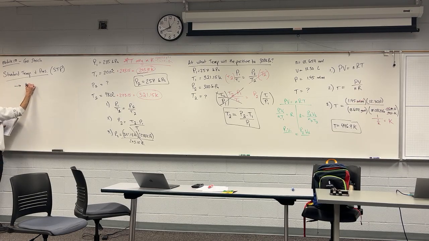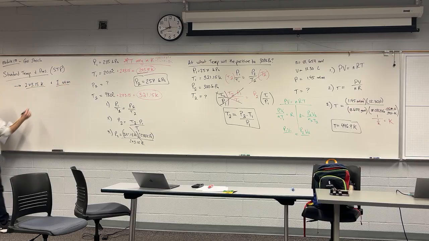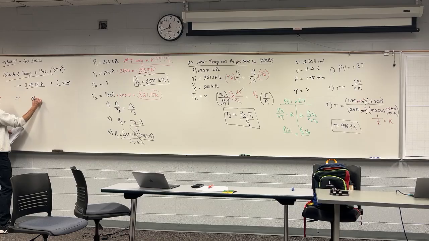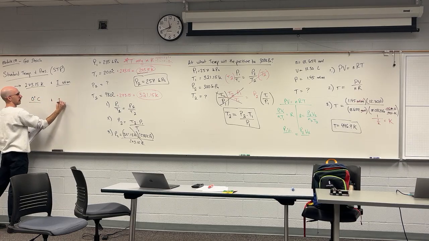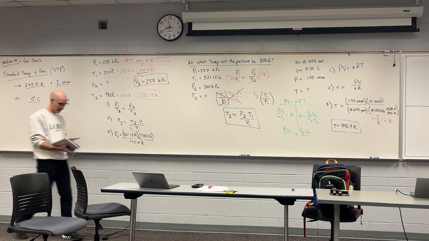This is defined as 273.15 Kelvin and 1 atmosphere. So this is approximately equal to 0 degrees Celsius. Actually, that's exact. And 1 bar. This is approximate. 1 bar and 1 atmosphere are slightly different. But these are what we call STP.